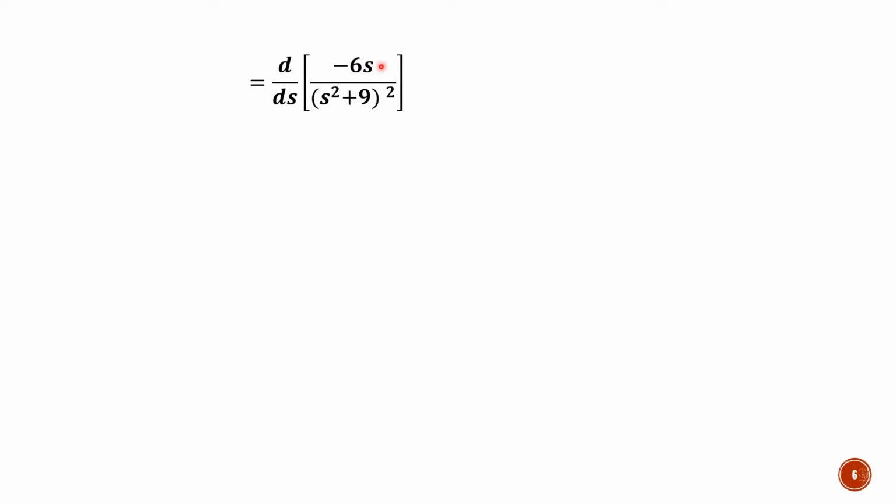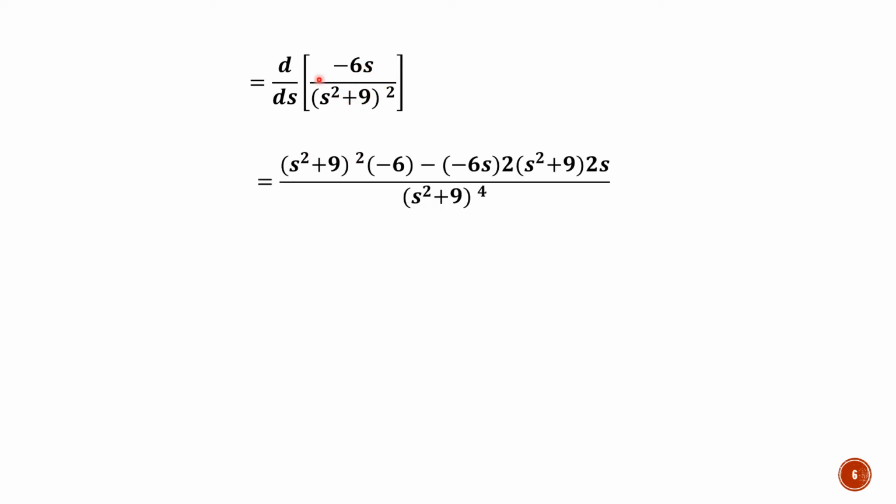So v du minus u dv upon v square. v is s square plus 9 the whole square into the derivative of u, which is minus 6, minus u into the derivative of v. Derivative of the denominator will become 2 into s square plus 9 into the derivative of s square plus 9, which is 2s, upon v square, which is s square plus 9 whole raised to 4. Okay, I'm just applying the u by v method.